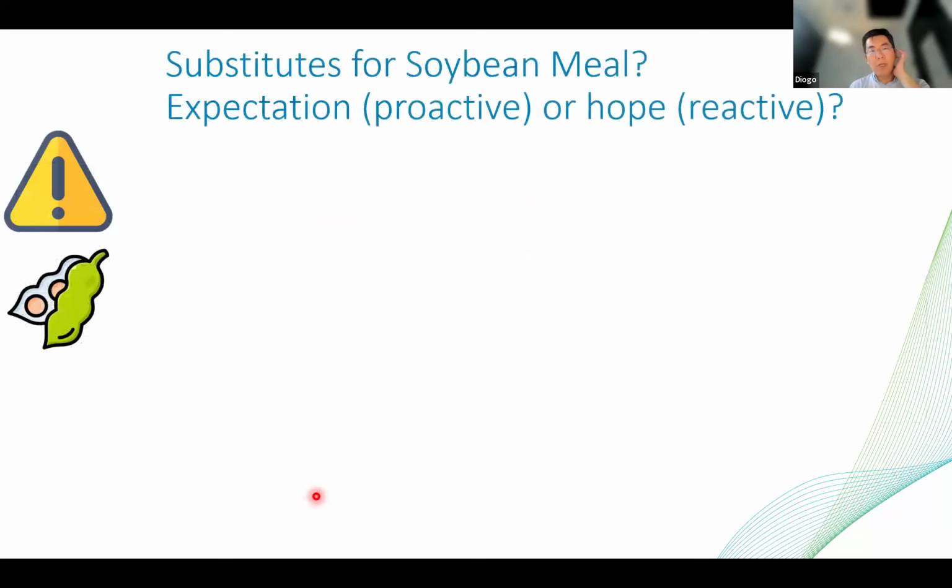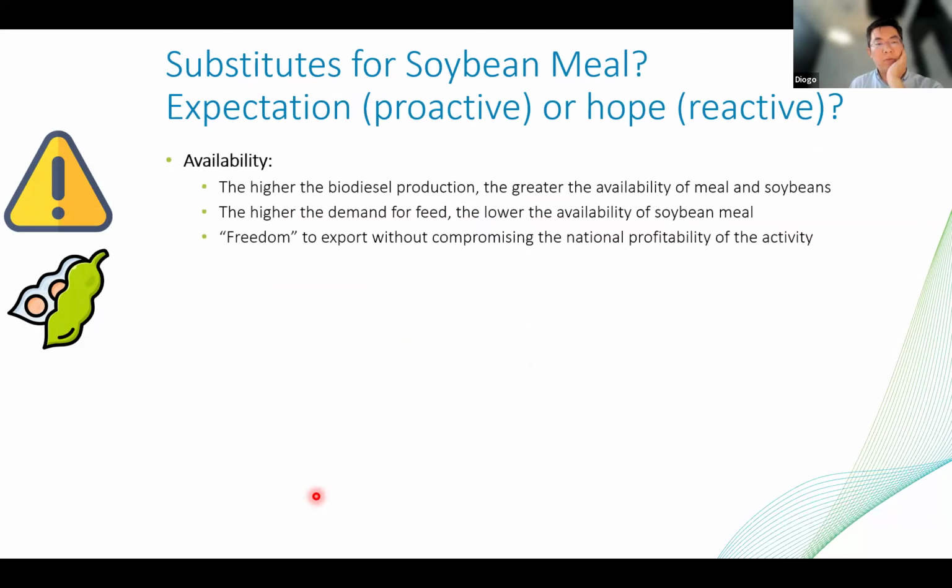For soybean meal, sometimes we are just hoping for a new ingredient, but sometimes we need to be more proactive. So we need to consider availability. The higher the biodiesel production, the greater the availability of soybean meal or soybeans.